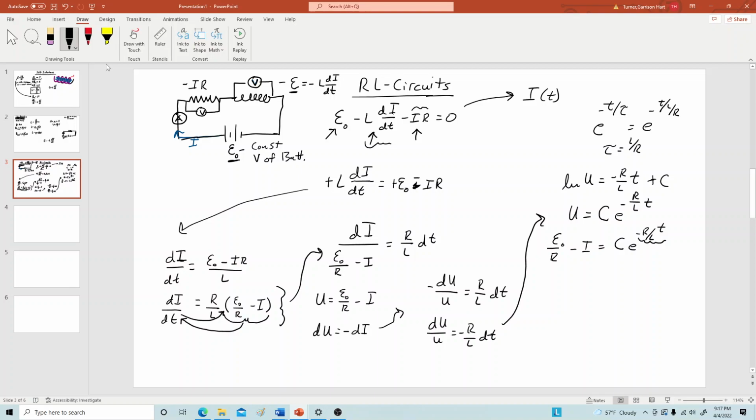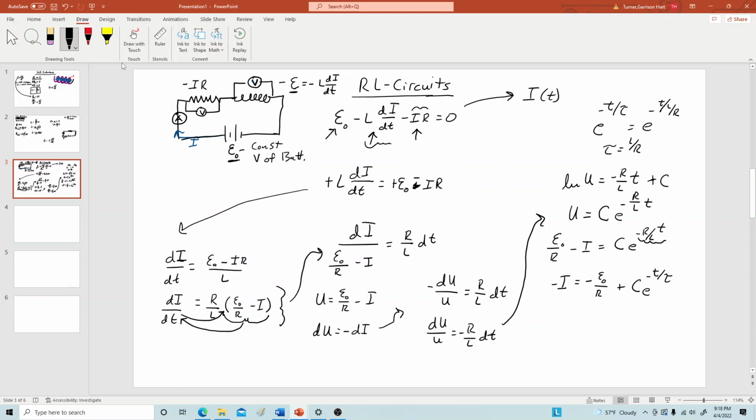And then we also have negative I is equal to negative epsilon naught over R plus C e to the, let's write it in terms of our time constant, negative t over tau.